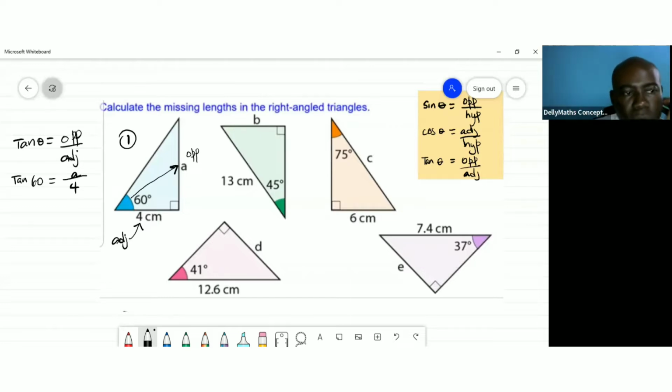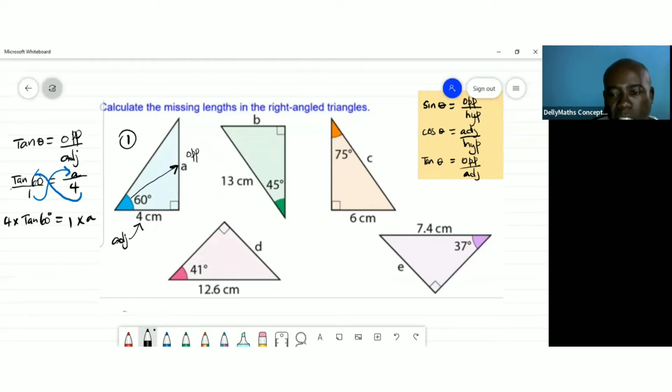At this time, we could put the tangent of 60 over 1 just to show cross multiplication for some people, depending on what you're used to. So we could easily cross multiply. So this is equal to 1 times that, all right? So we're talking 4 times the tangent of 60. So 4 times tangent of 60 degrees is going to equal 1 times A. And definitely we understand that 1 times A is A.